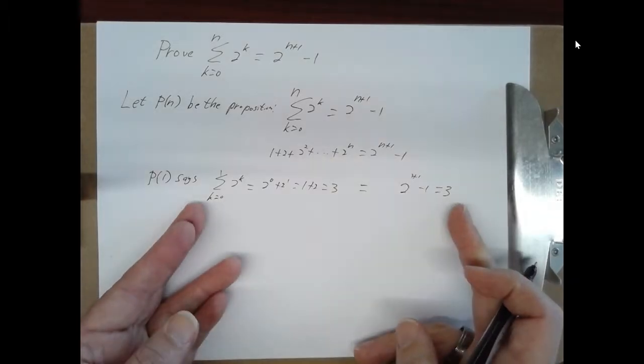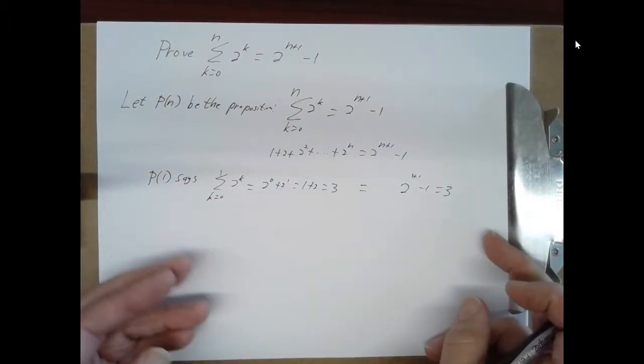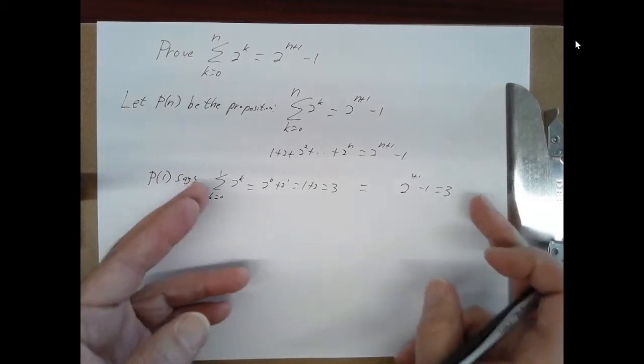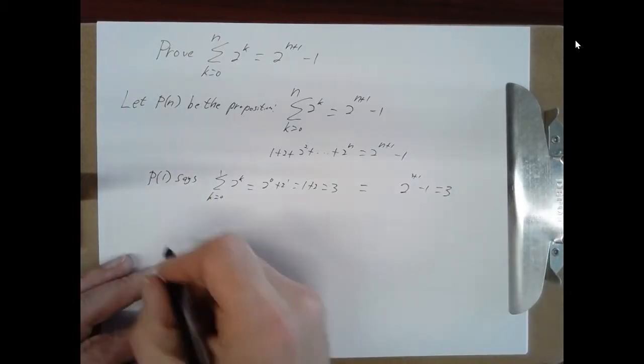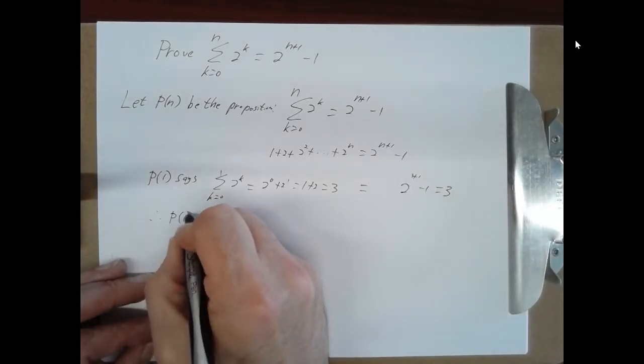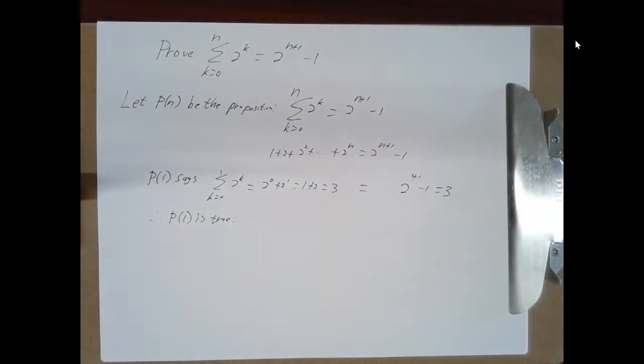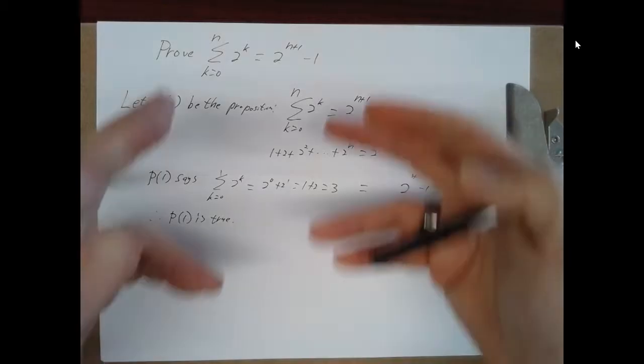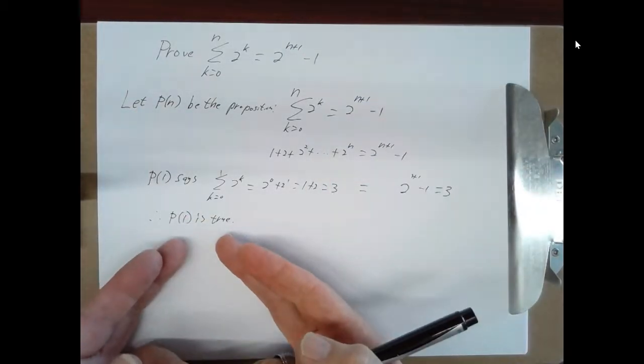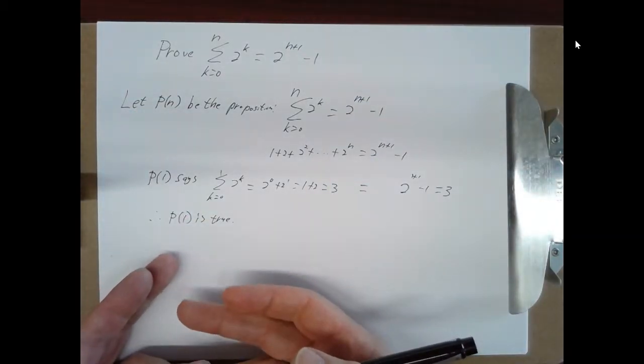And this is your demonstration that P of 1 is true. So after you've written something like this out, you can say, therefore, P of 1 is true. But you got to have something equivalent to all of this before you get to proving your base case.